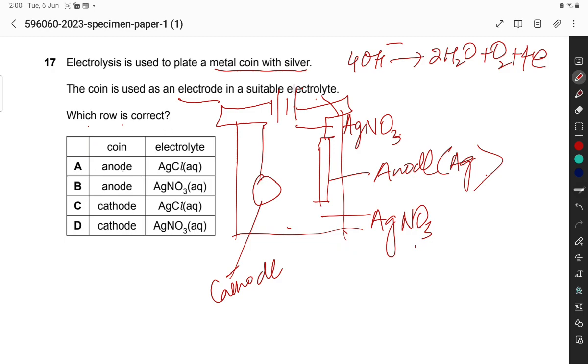So which row is correct? The anode must be silver, and not silver chloride. Silver nitrate aqueous solution should be used as an electrolyte. So this option is correct.